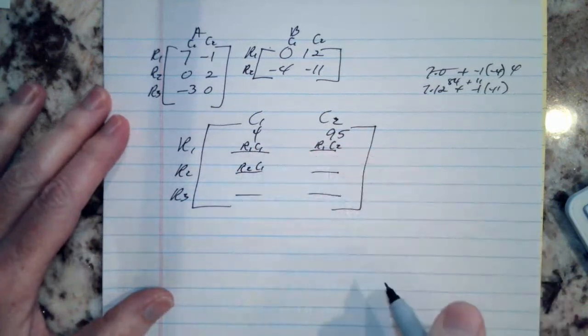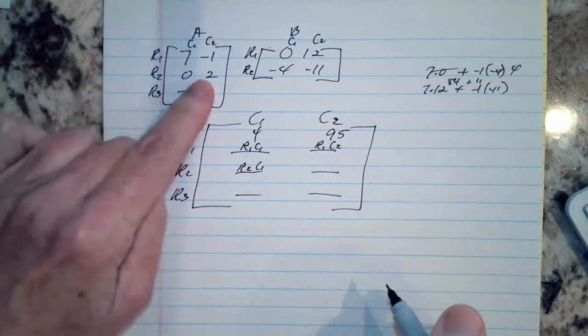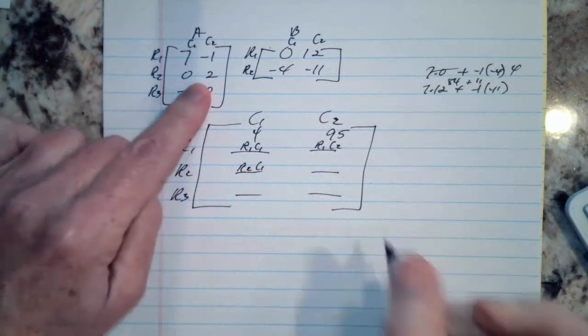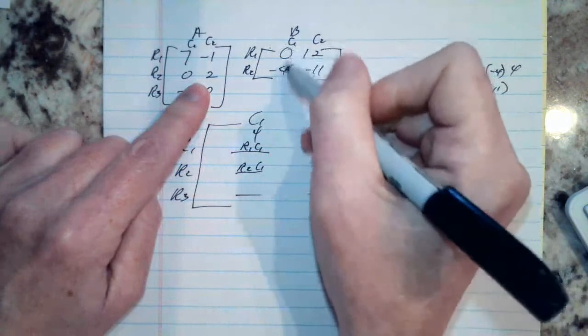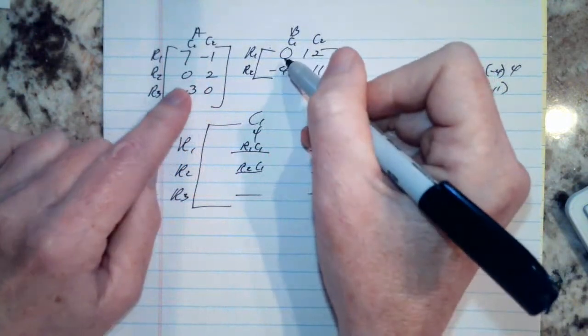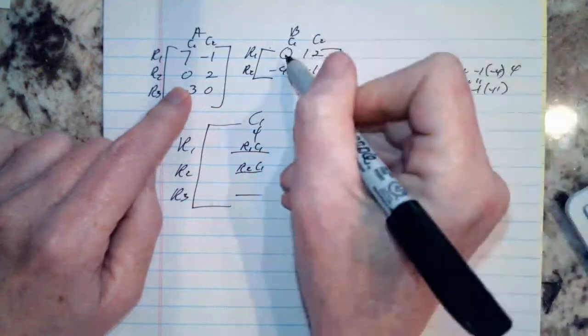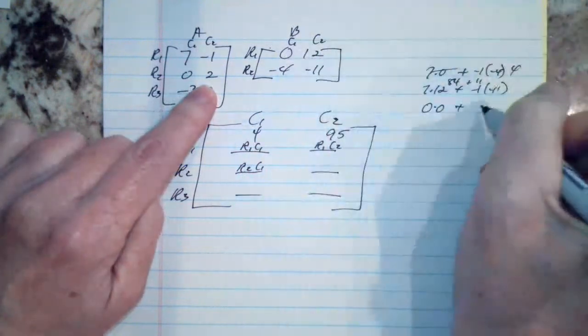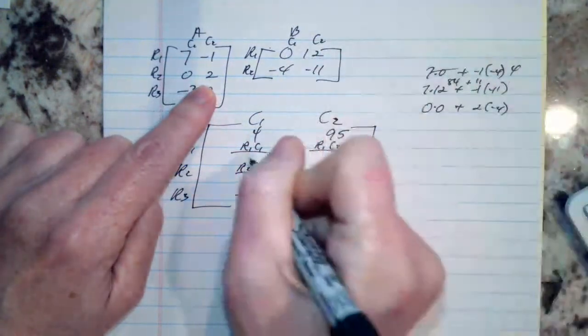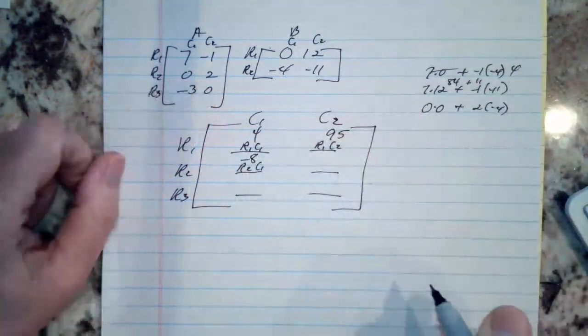Okay, this is row 2, column 1. So I'm looking at row 2 from A and column 1 from B. So 0 times 0 plus shift 2 times -4. So that'll give us a -8 right there.